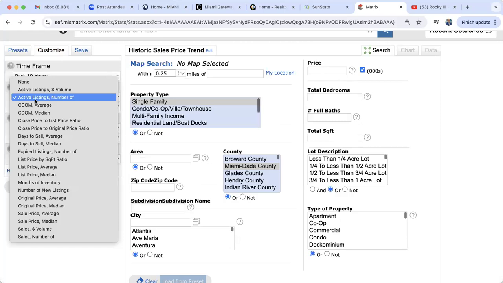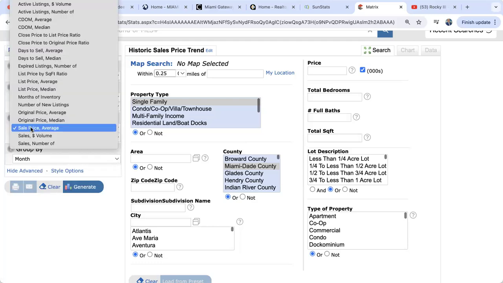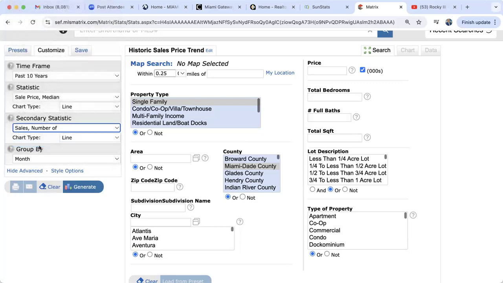I'm going to show the sales price median in column number 1. And in column number 2, I'm going to show the sales volume, so the number of sales. Now click on generate and let's take a look.